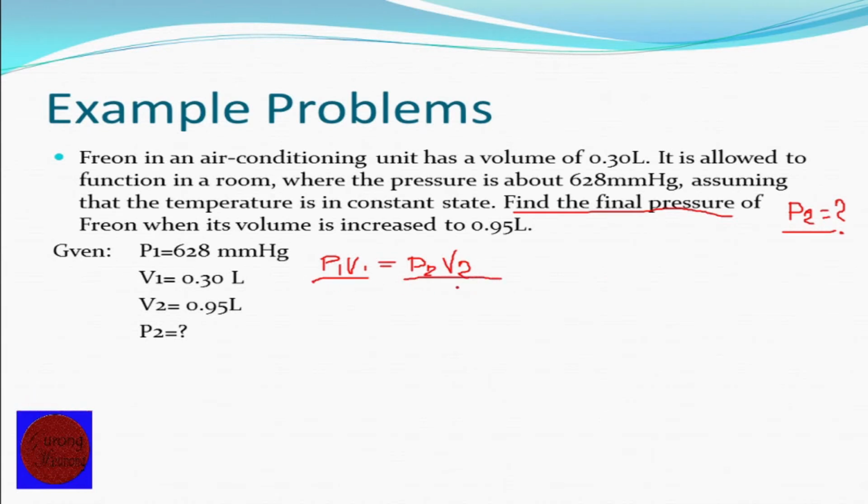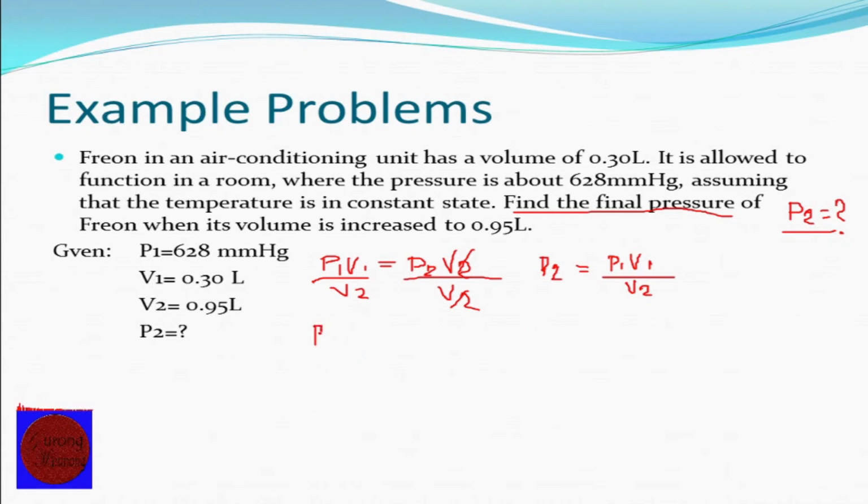So i-divide natin both sides by V2 para makancel natin yung V2 at ang matira is yung P2. So we have the formula here. P2 is equal to P1 times V1 over V2. So let's substitute.